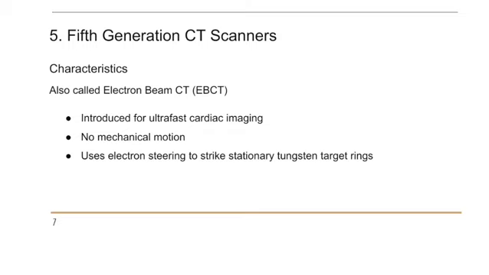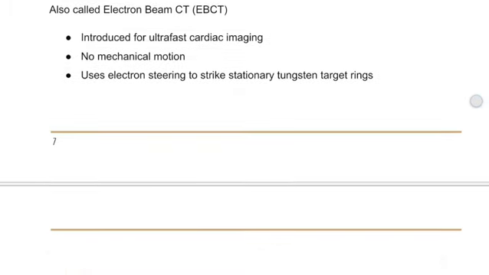Next is the fifth generation CT scanners. Its characteristic is that it is also called electron beam CT. It was introduced as an ultra fast cardiac imaging system and has no mechanical motion, and it uses electrons which are steered to strike stationary tungsten target rings.